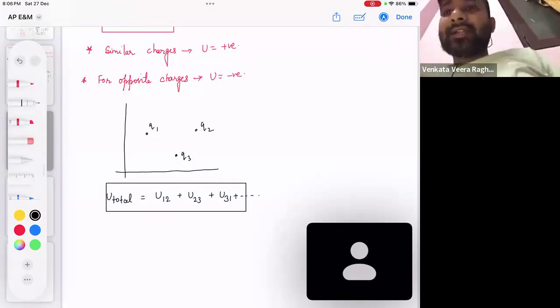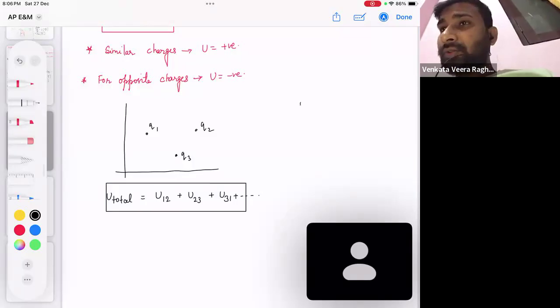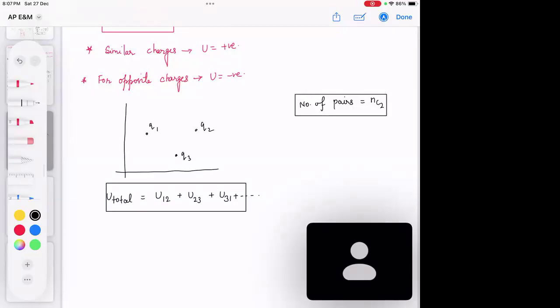Tell me. So the number of pairs, if I want to calculate, will be NC2. The symbol is known to you? Combination, NCR. Six pairs. Please tell me, NC2. Are you aware of the symbol or not? Yes, yes, NC2.